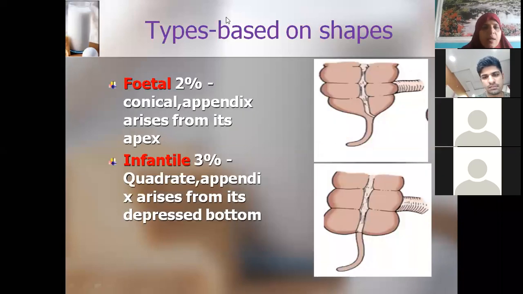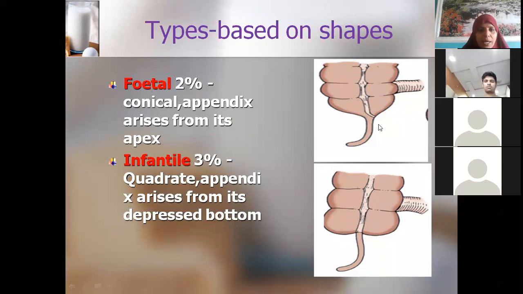Now let us see the various shapes of ceca we have. If you find the cecum like a cone, and the appendix is arising from its tip, then you call this the fetal type of cecum. Among the cadavers we dissect, usually 2% fall under this category.